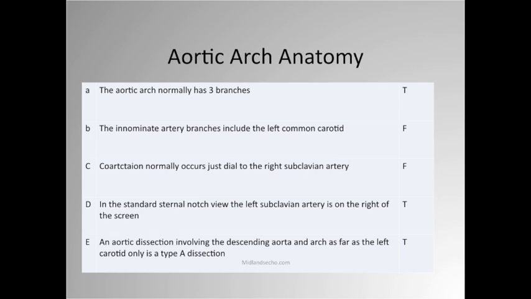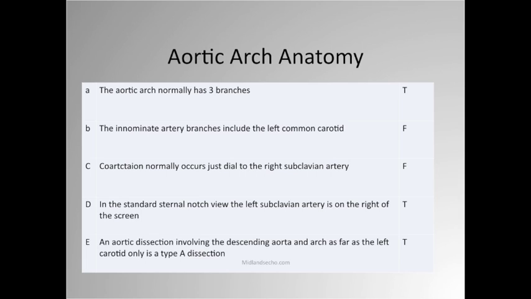In standard sternal notch view, the left subclavian artery is on the right of the screen. That's correct. And an aortic dissection involving descending aorta and arch as far as the left carotid is a type A dissection. That's true. So you need to know the definition of type A and type B dissection. Essentially, a type B dissection involves only the descending aorta, only distal to the left subclavian.